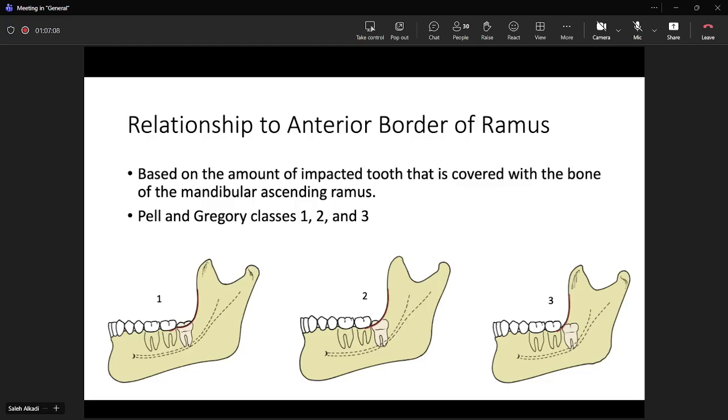If there is sufficient space for this tooth to erupt, so the mesiodistal width of the crown is completely anterior to the anterior border of the ramus, then this is class 1. If the space is not sufficient and part of the crown is covered by the anterior border of the ramus, or by the ramus bone, this is class 2. If it's completely within the ramus bone and there is no space at all in the retromolar region for this tooth to erupt, then this is class 3.